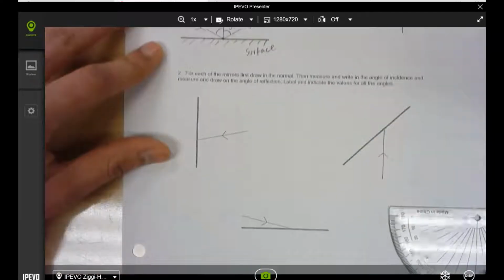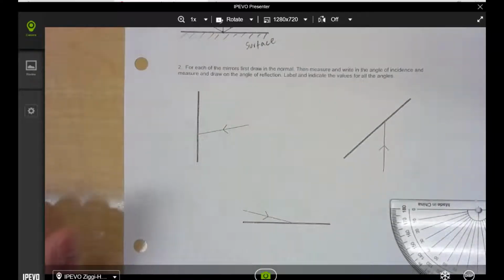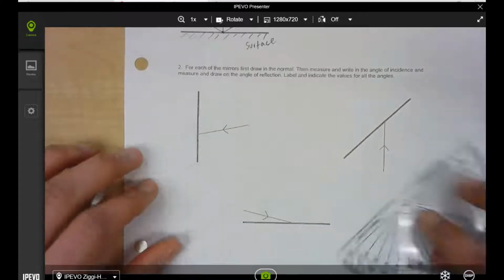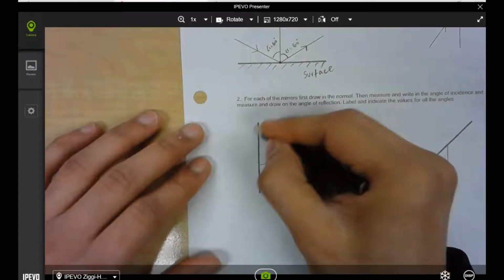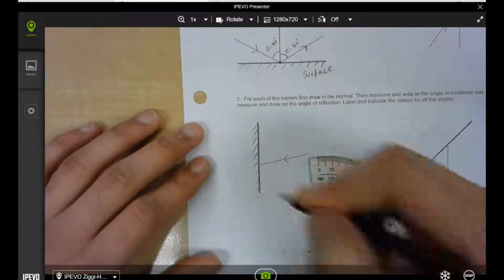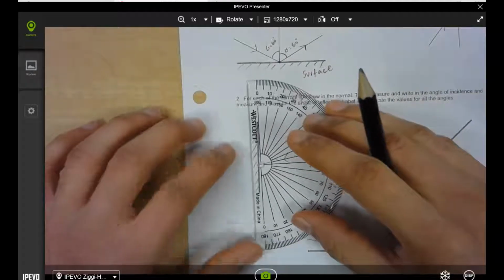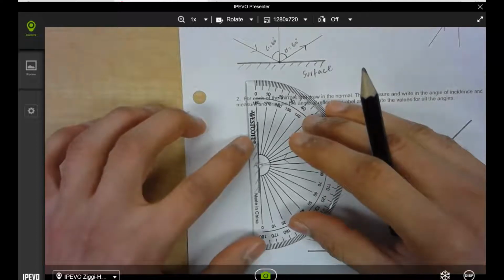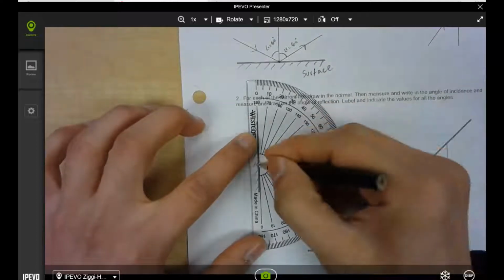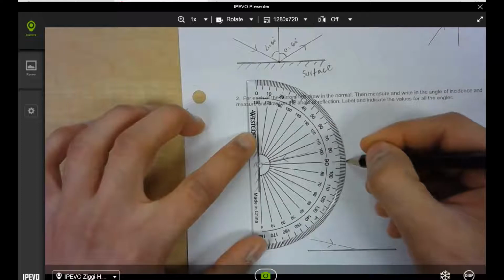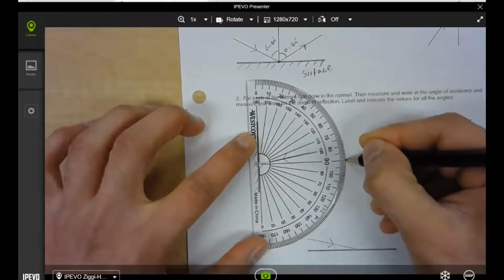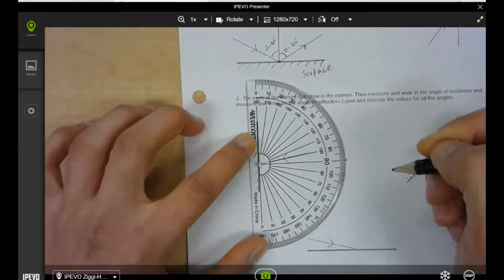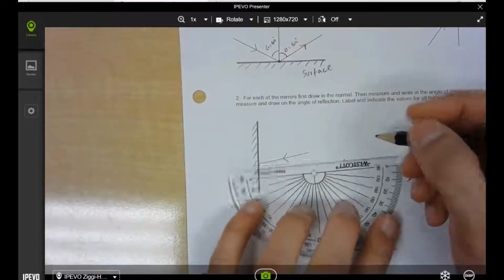So we're going to look at the next case where we're not given as much information. So let's try this one. So again, surface of the mirror would be this surface. First thing I'm going to do is look at the vertex point of incidence. I'm going to mark a 90-degree line over here. That's my 90 degree. And why I'm doing this is so that I can get a normal.